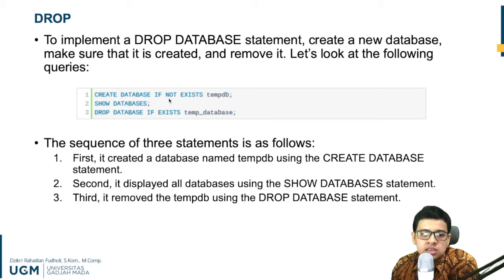We create a temporary database, TempDB, and then we show the databases, and then we can drop the database TempDB. But here we use a different name, and this is going to be an error because the database does not exist. So we're going to drop it if it exists. If we want to really drop TempDB, then we need to write the same name, TempDB.